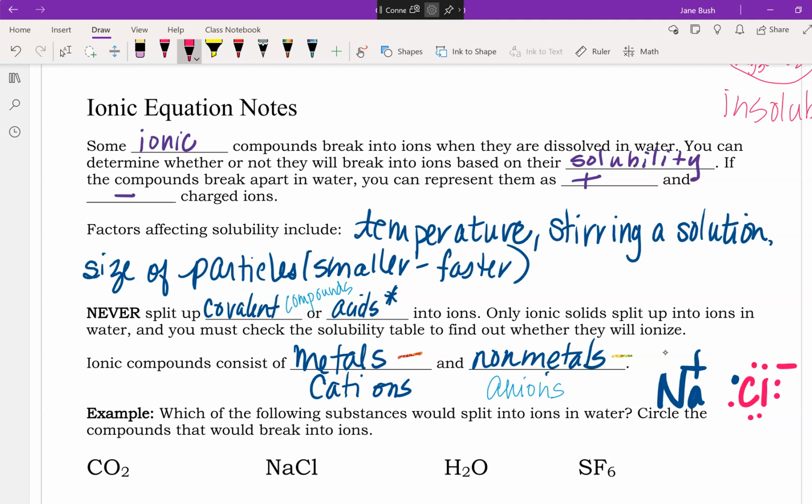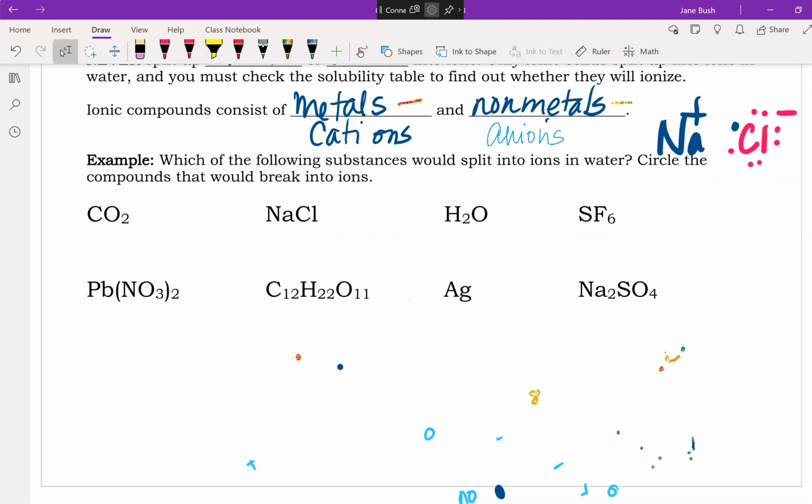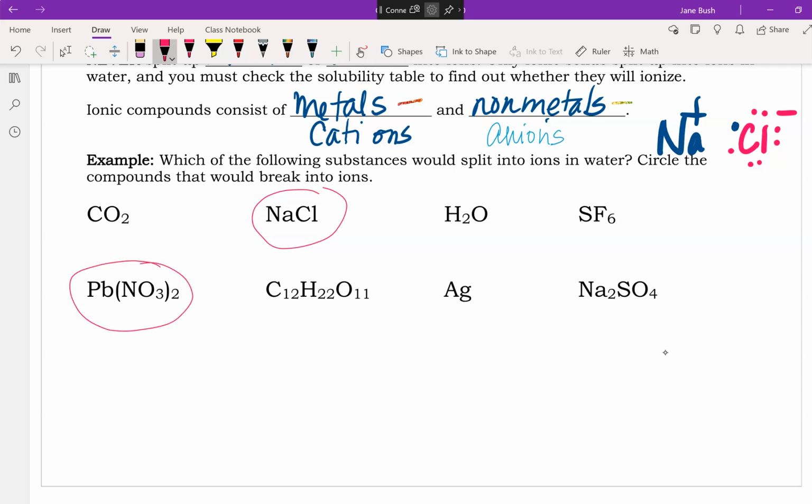So, which one of these examples will split? Which of these are going to be examples of ionic compounds? NaCl, lead nitrate.